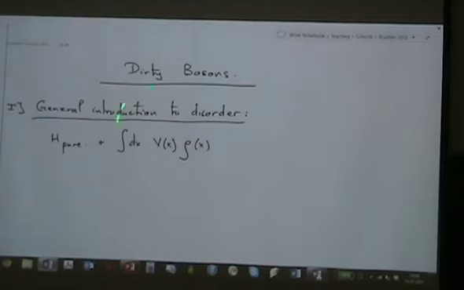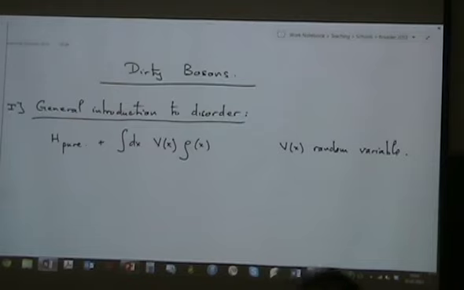But in these lectures, I will couple this object to the density. And now V of x is a random variable.